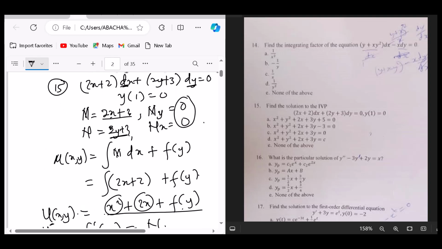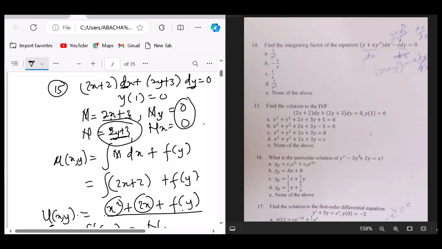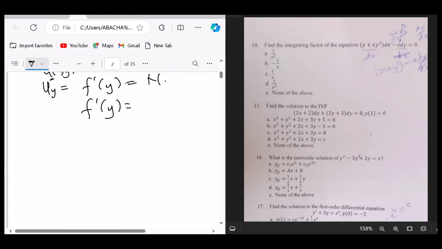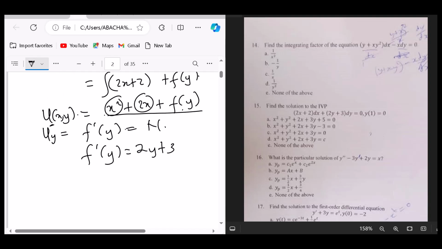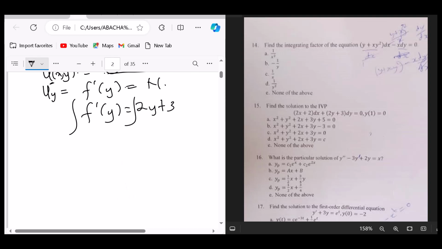What is N? N is 2y plus 3. To get f(y), we integrate both sides, and we get f(y) equals y squared plus 3y.